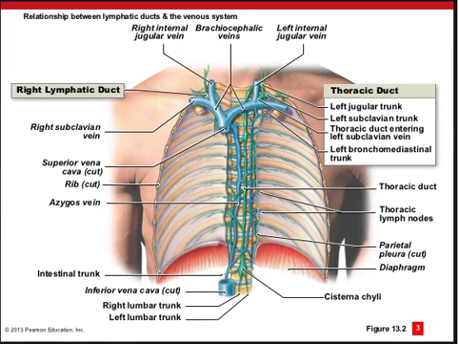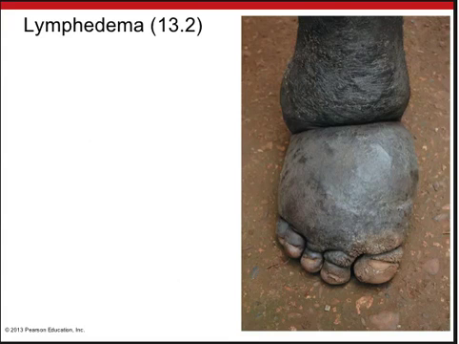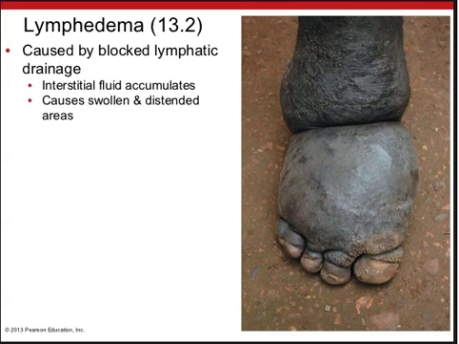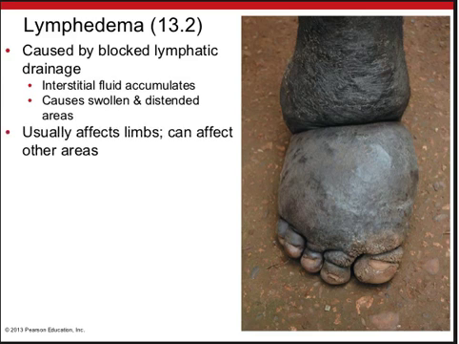Okay. Now, we talked about the fact earlier that sometimes lymphatic drainage can be impeded for a variety of reasons. Lymphedema is simply the buildup of interstitial fluid in the tissues, causing them to swell, become edematous. It's caused by blocked lymphatic drainage. The interstitial fluid accumulates and causes swollen and distended areas.